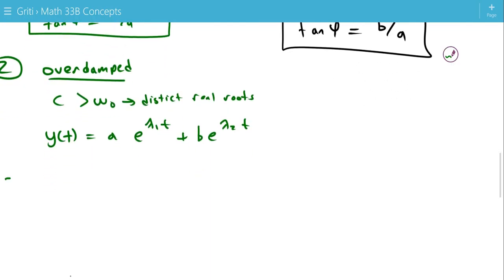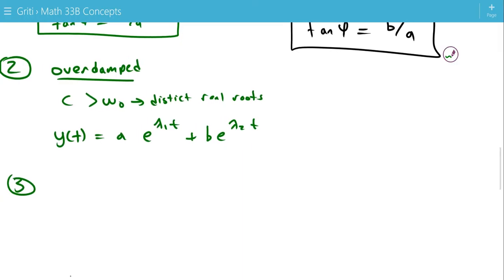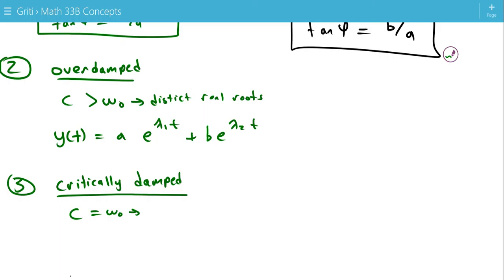And our final case is called critically damped. And that's when C equals omega naught. So we get one real repeated root.